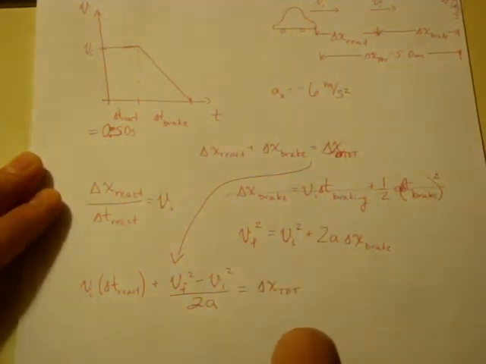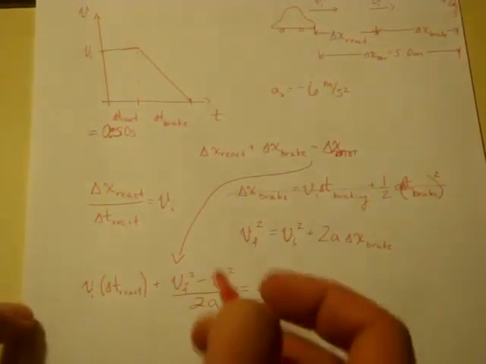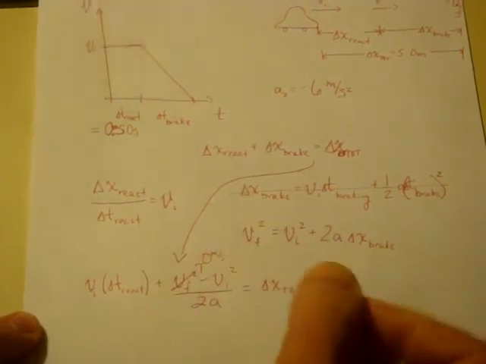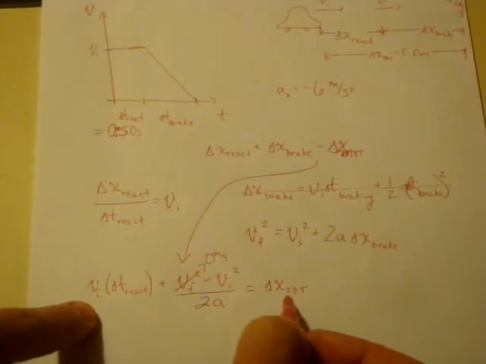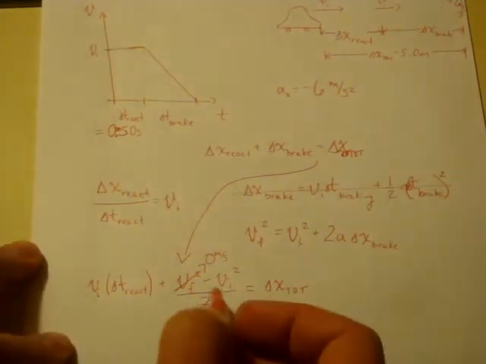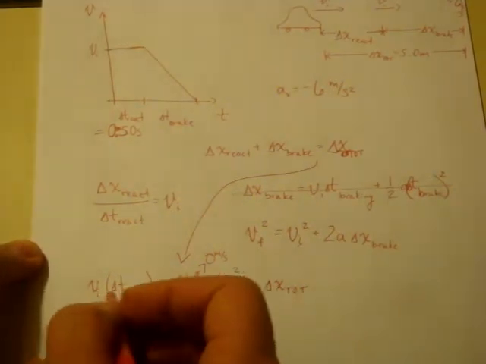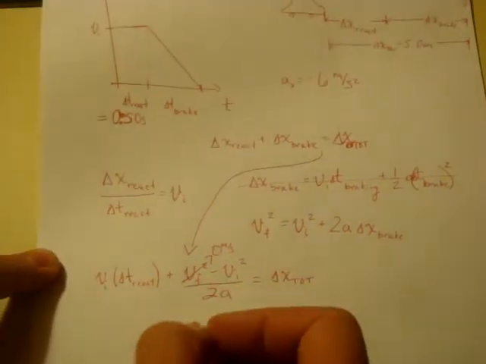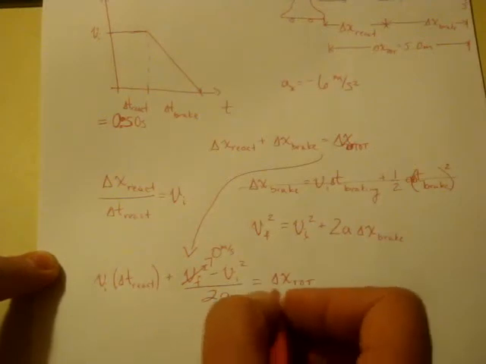Looking at this expression, we know that Vf is equal to 0 meters per second. We can plug in all of the other values that we know in this expression, because there are quite a few. We're going to bring the total displacement back over here to the left side, and I'll show you why in a second.